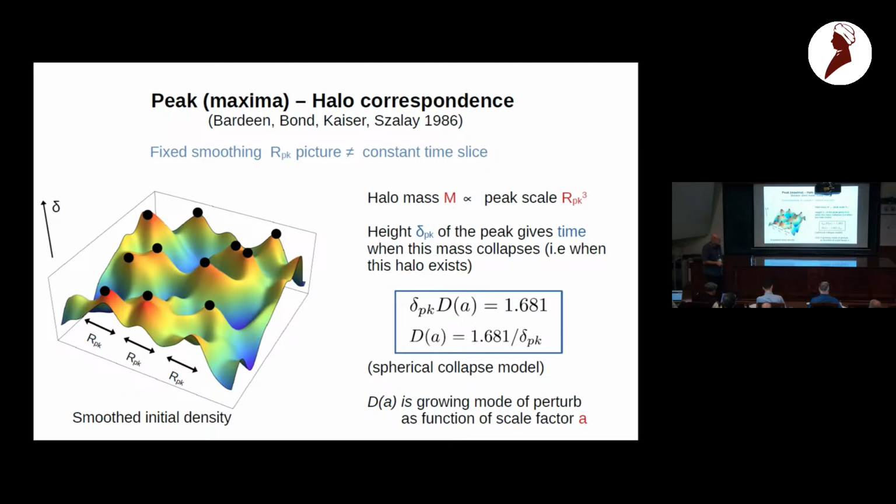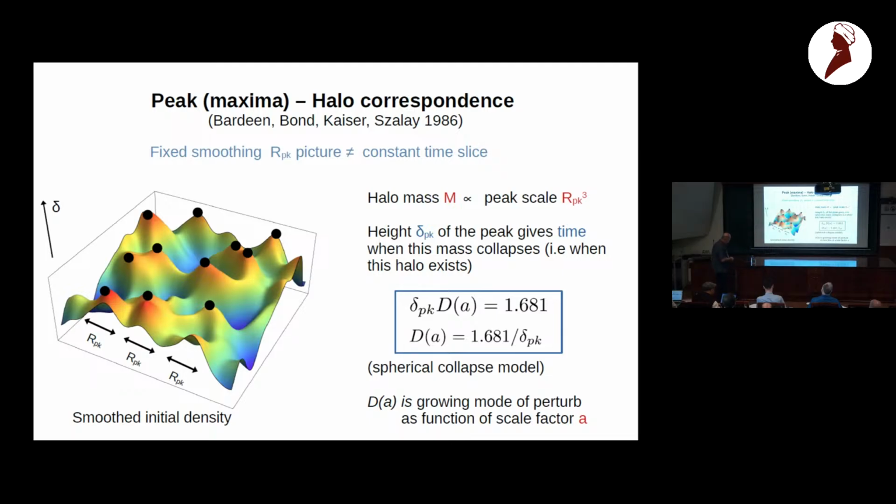You can count them. You can study the correlation function. We're talking about initial conditions, but it has a particular scale. So all of those peaks, when you smooth with a particular scale, have the same mass if they form a halo at some moment.